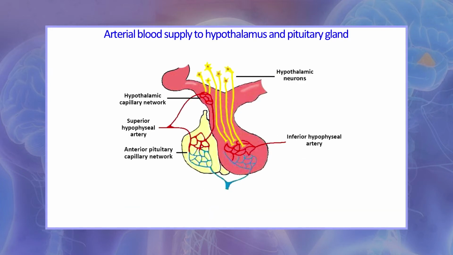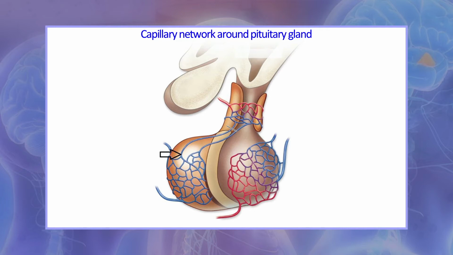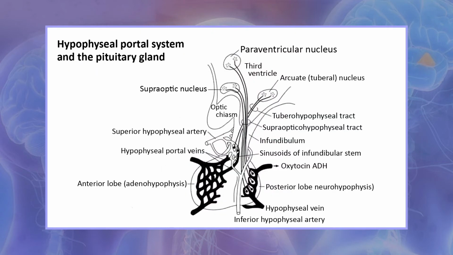Capillaries of the primary plexus converge to form long hypophyseal portal vessels which course down the infundibular stalk to deliver the blood supply to capillary sinusoids interspersed among the secretory cells of the anterior lobe. The inferior hypophyseal arteries supply a similar capillary plexus in the lower portion of the infundibular stem.